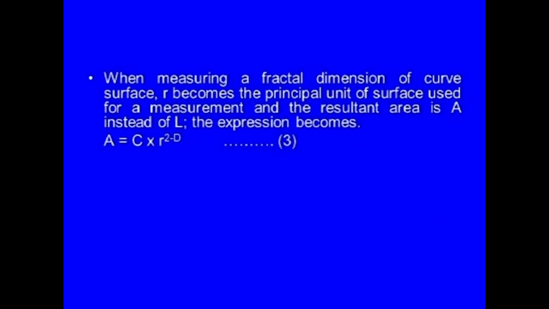When measuring a fractal dimension of a curved surface, R becomes the principal unit of surface used for a measurement and the resultant area is A instead of L, and the expression becomes A is equal to C into R raised to the power 2 minus D.